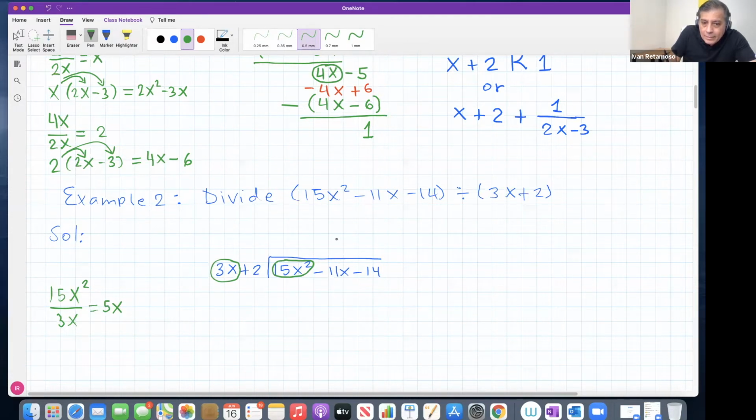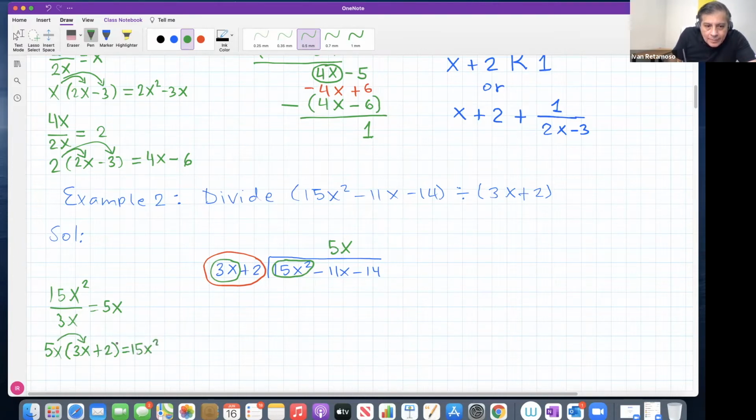You're gonna put it on top of the x term. Look, minus 11x, so right there, 5x. Next, you're gonna multiply this times the whole divisor, right? Not just 3x, but the whole divisor, this whole thing, okay? 5x times 3x plus 2. Let's see what we get.